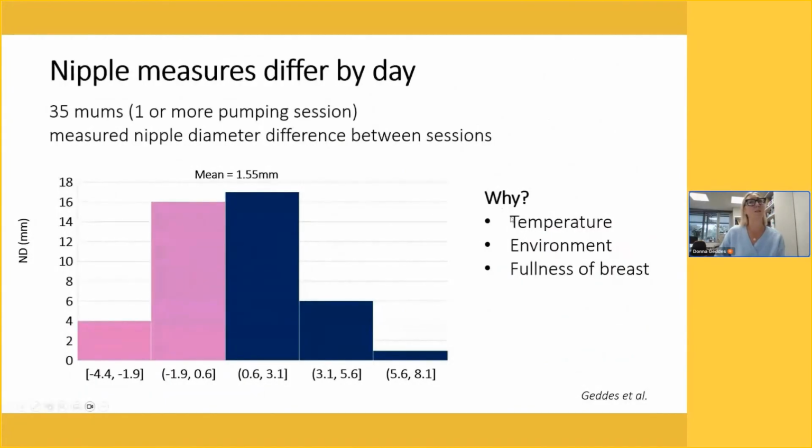Well, maybe it's the temperature of the room or the humidity, something to do with her environment, what she's wearing, whether she's been leaking from the nipple, but also maybe fullness of the breast. So this needs more work, but certainly brings a level of uncertainty into measures. We use digital calipers, so we get down to 1 decimal place.